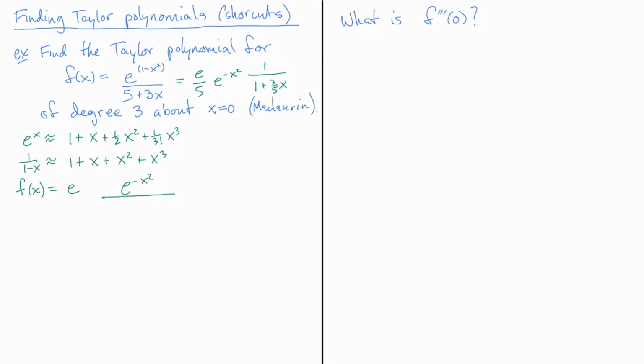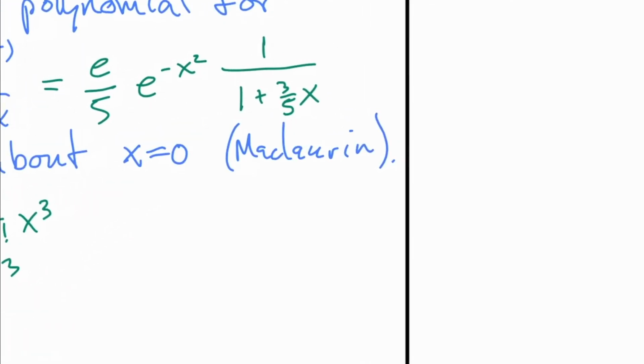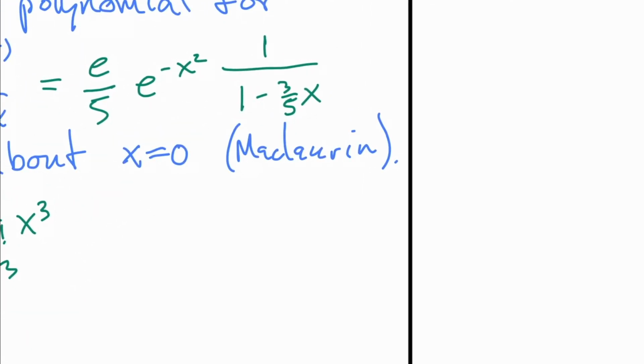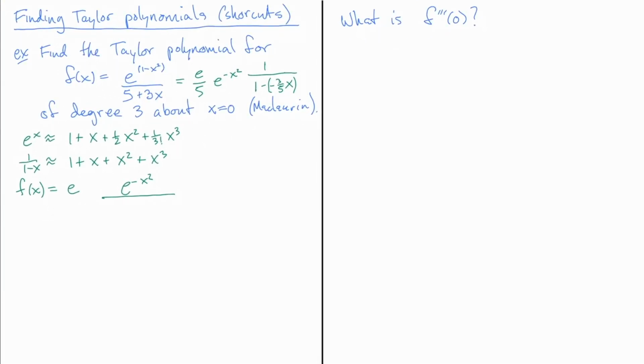And now I'm actually going to rewrite the thing in the denominator. Instead of plus 3 over 5, I'm going to make that a minus sign and put a minus in front with a bracket. And hopefully now, written like that, you can see why 1 over 1 minus x is going to be useful.